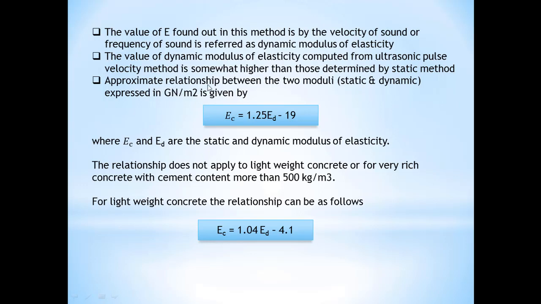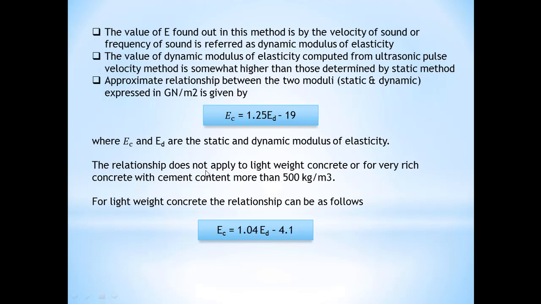Next, the approximate relationship between the two moduli, that is static and dynamic, expressed in GN per meter square, is given by EC is equal to 1.25 into ED minus 19. Here EC represents the static modulus of elasticity and ED represents the dynamic modulus of elasticity.